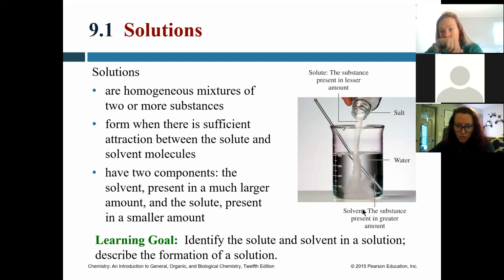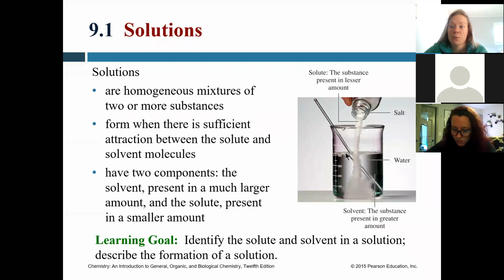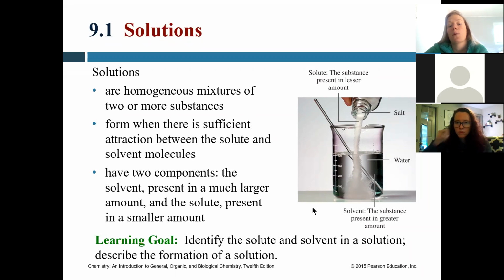It's what's doing the dissolving. Now, when there's some sort of attraction between the solute, in this case the salt, and the solvent, which is the water, and specifically if that attraction is stronger than the attraction between the salt and the salt, it will pull it apart and dissolve it. So down here, the larger component is going to be the solvent, the smaller component, or what we have less of, will be the solute.